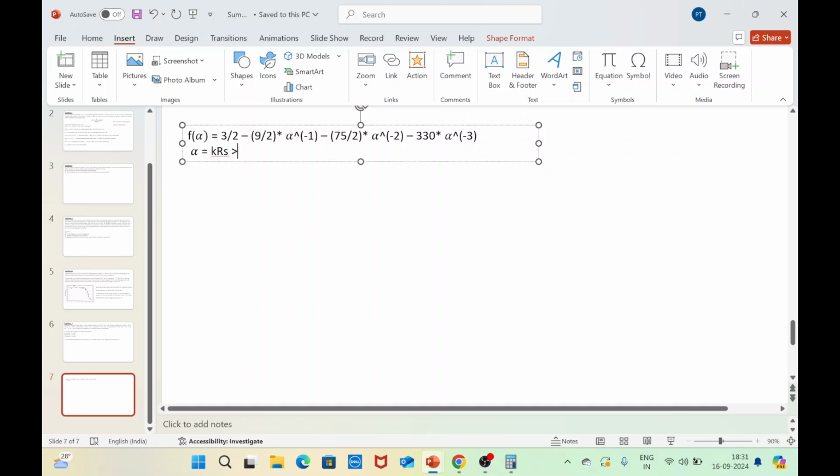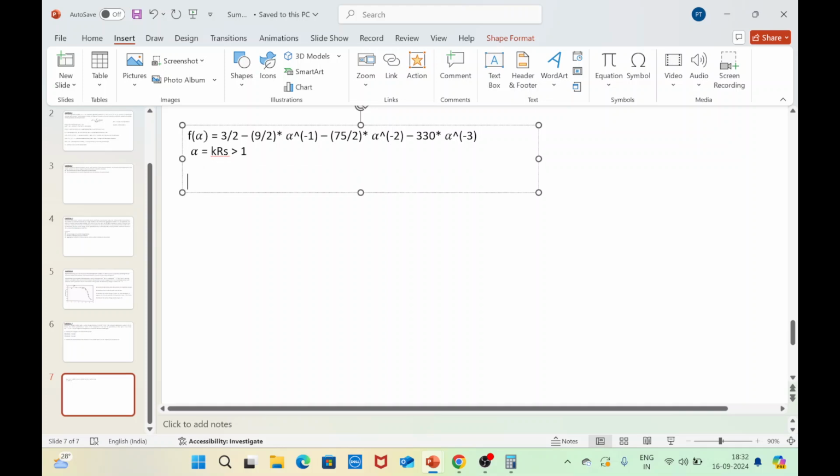So this should be greater than 1. If in case your alpha, that KRS, comes greater than 1, then you have to use this function f of alpha as this expression: 3 by 2 minus 9 by 2 alpha power minus 1 minus 75 by 2 times alpha power minus 2 minus 330 times alpha power minus 3.